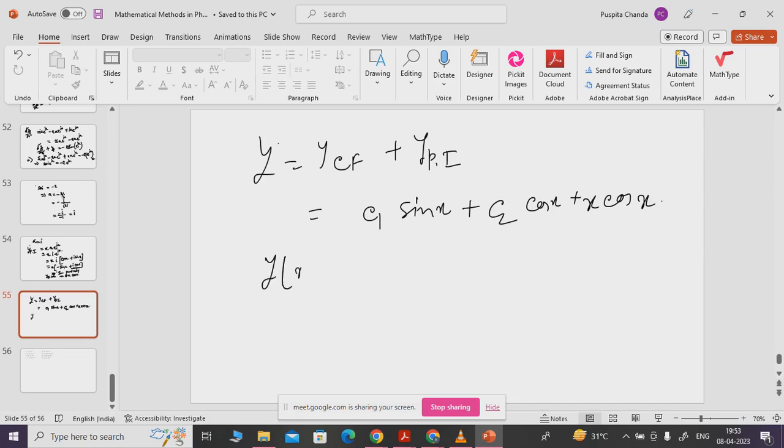Here a condition is given: y at x equals 0 is 1, and y at x equals pi by 2 is 1. So y is 1 when x is 0. sin 0 is 0, cos 0 is 1, so c2 is 1.